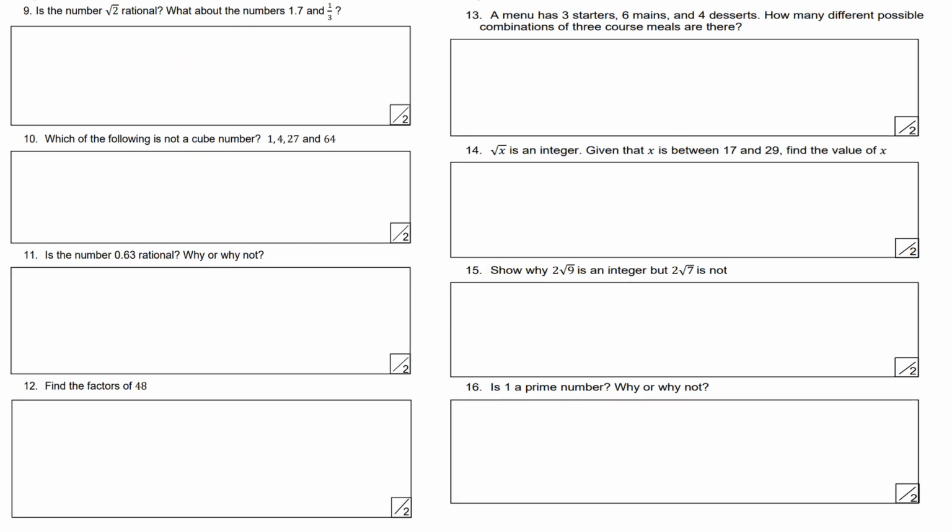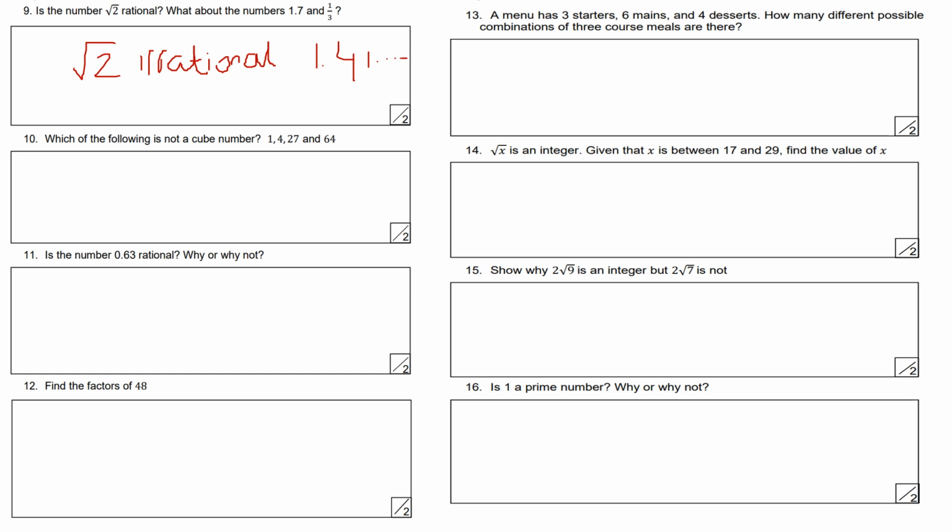Question number 9. Okay, is the number root 2 rational? What about the numbers 1.7 and a third? So root 2 is actually irrational, because the number 2 is not a square number. So the square root of 2, if you bring it into your calculator, is like 1.41, and it goes on actually forever.